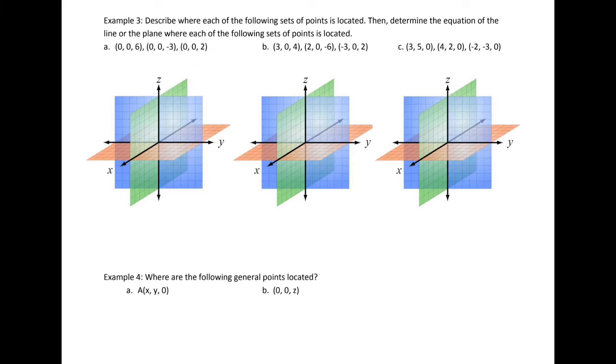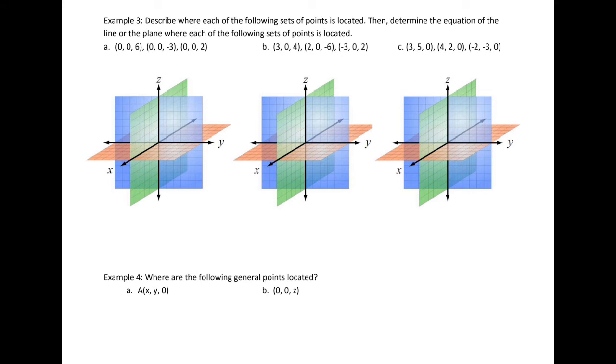Example 3, we're going to describe where each of the following sets of points is located, and then we're going to determine the equation of the line or the plane where each of the following sets of points is located on. So for part A, let's look at all the points. This is 0, 0, 6, means 0 for the x, 0 for the y, but 6 for the z axis.